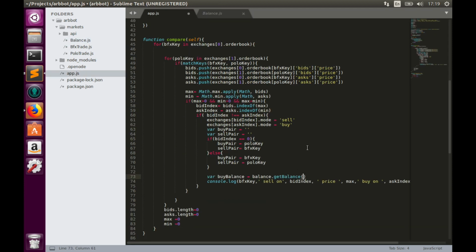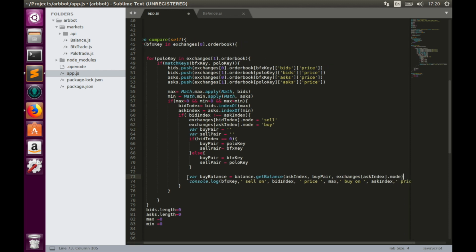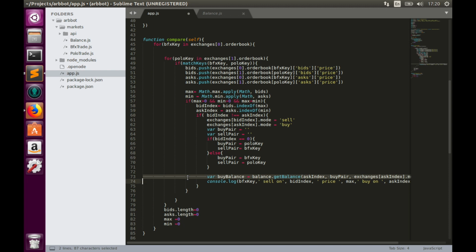If we are buying, we need ask index as the index of the exchange, pair name by pair, and mode we can provide, like, we can type buy mode, but I prefer to provide the mode from the exchange object. Okay, let's copy this row and do the same for sell balance.